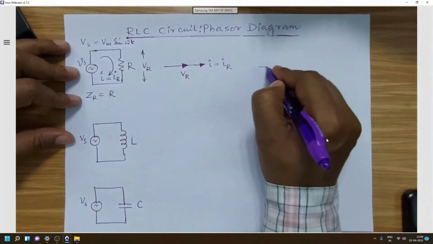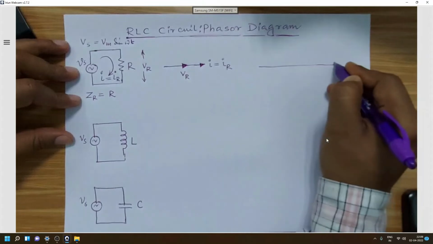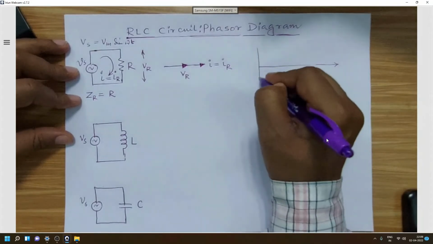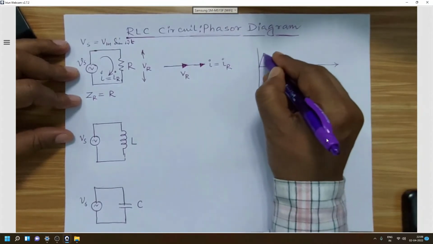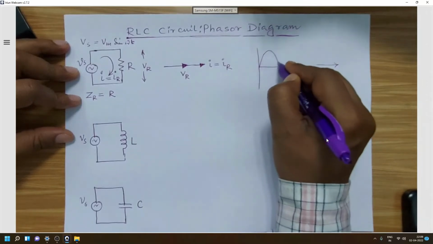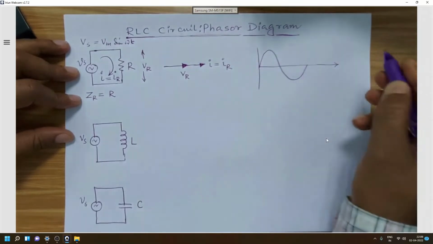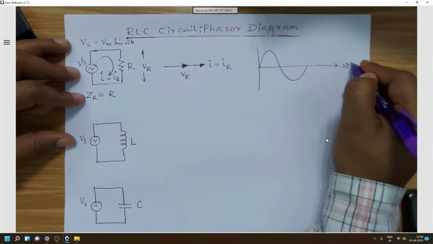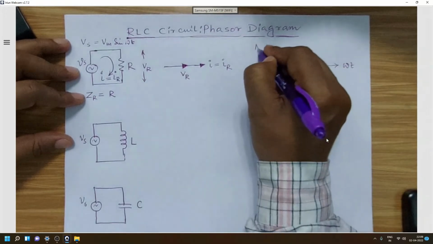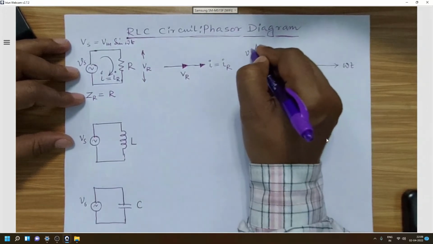Now if we go for the time diagram, so if we want to plot the instantaneous values for this voltage and current waveform as a sine wave, we will see that if we have our omega t axis and amplitude axis, we can put the V along this.